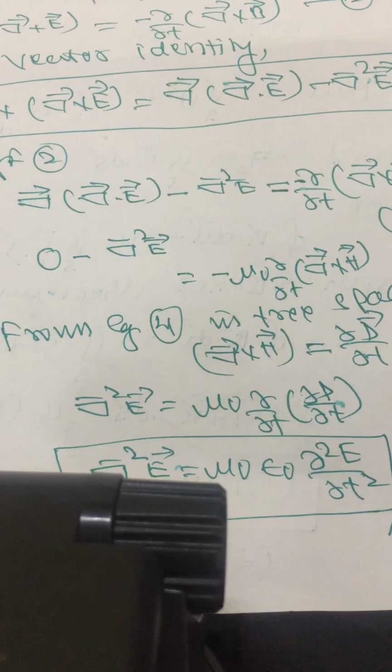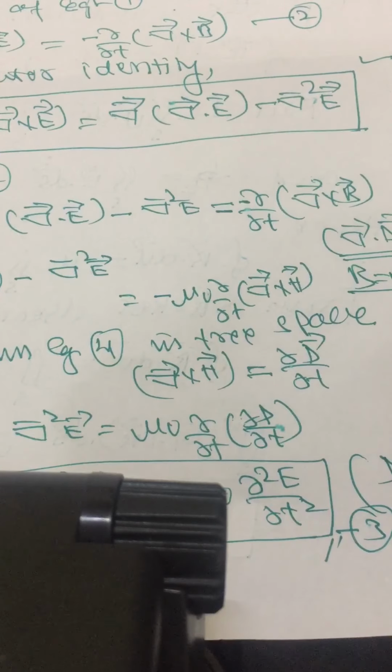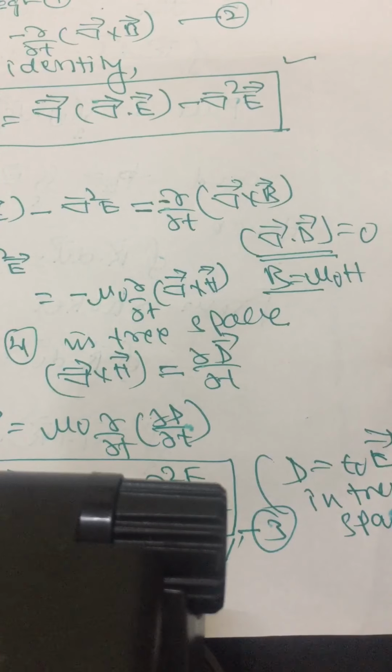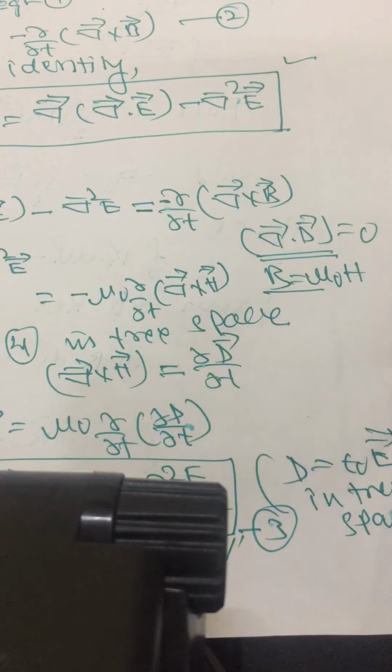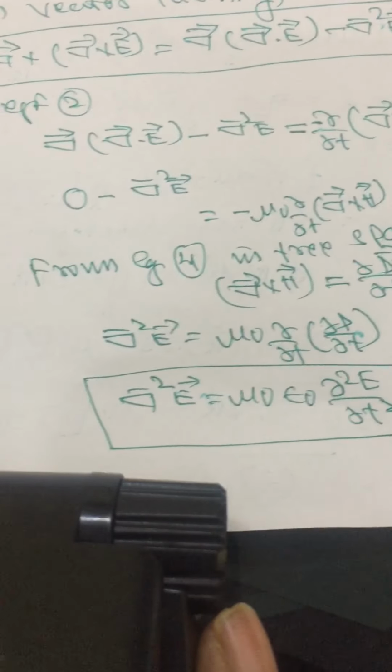Therefore 0 minus del square E is equal to minus mu naught dou by dou t of del cross H, since B is equal to mu naught H.